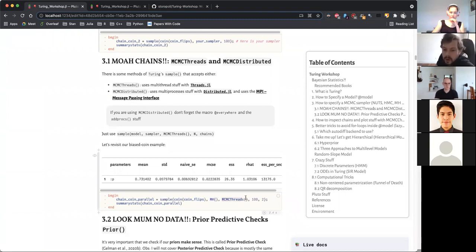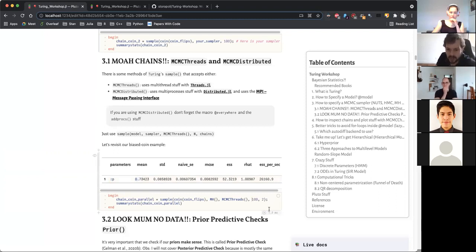And now you are going to run this with multi-threading, 100 samples, two chains in parallel. And then when we run this, it is very fast. It already made inference for our parameter P, the probability of the coin. And it's around the ground truth, 0.7.